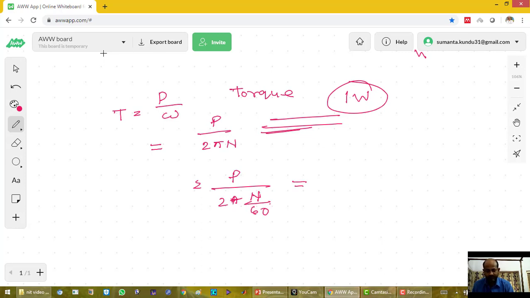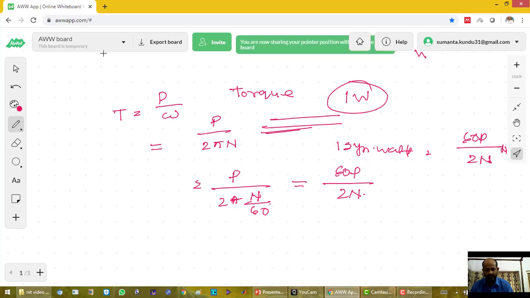So that is equals to 60 P by 2 pi n. So now we know from here that 1 synchronous watt equals this 60 P by 2 pi n Newton meter.